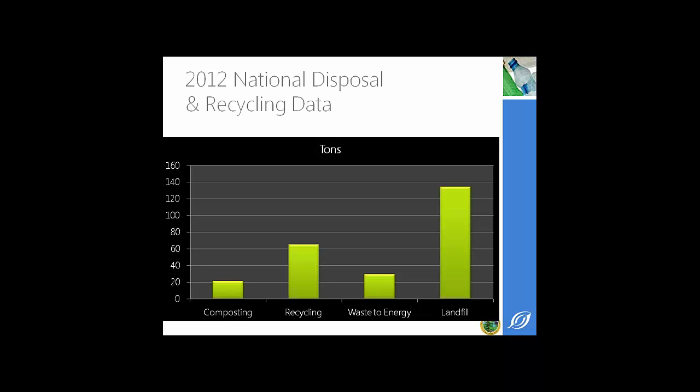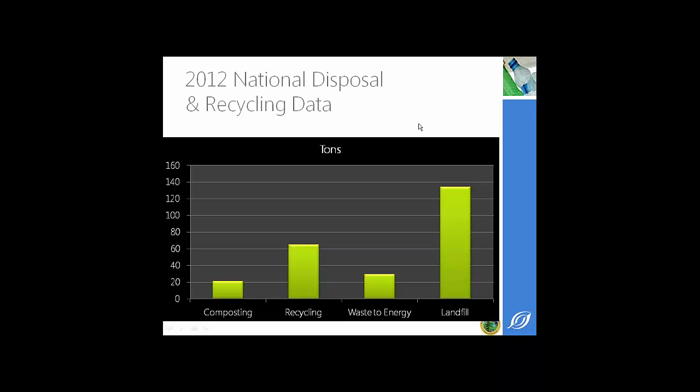Even though recycling has greatly increased over the last several years, with 65 million tons recycled and 21 composted, and that is great, the downside is that the generation of materials in whole has dramatically increased. People are buying more and more and more stuff. So we still are outpacing our disposal at this time, even with the additional recycling that's going on.